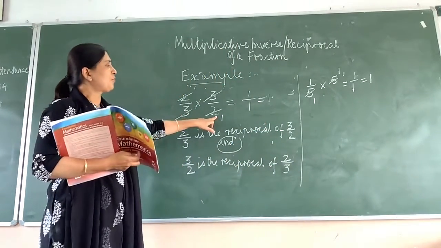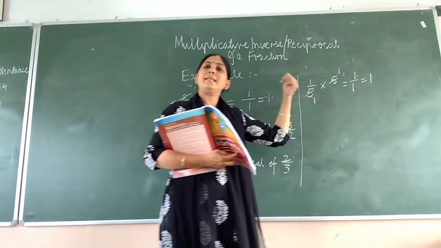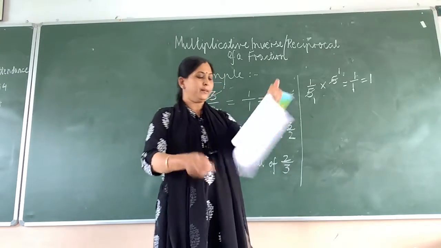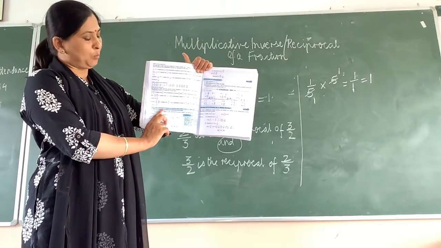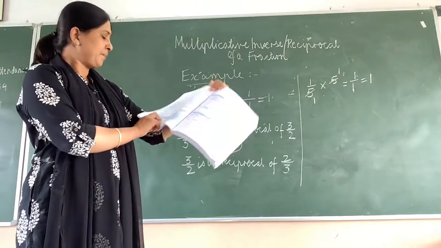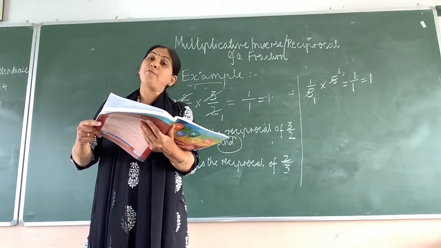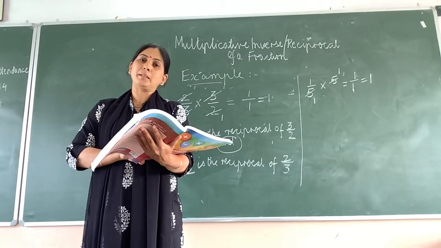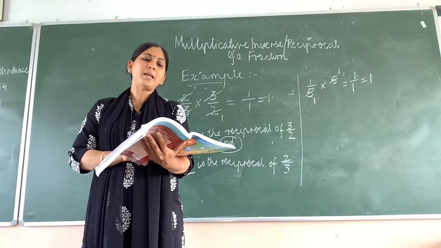If the product of two fractions is 1, or the product of a fraction and a whole number is 1, like I gave you in the first example, then each of them is called the reciprocal of the other. So children, here the definition of reciprocal or multiplicative inverse is written. I want everyone to underline and read once. Thus, if the product of two fractions or a fraction and a whole number is 1, then either of them is called the multiplicative inverse or reciprocal of the other.